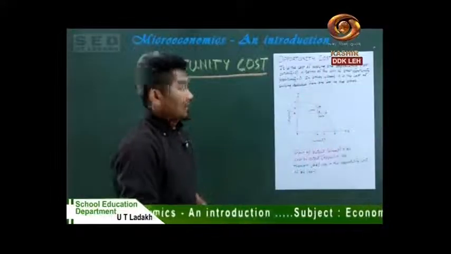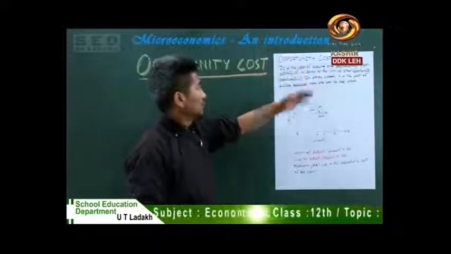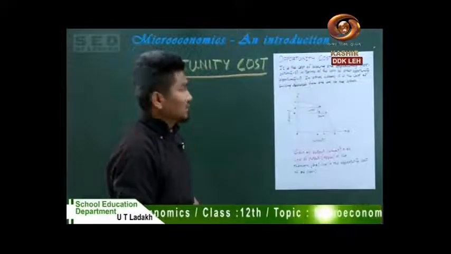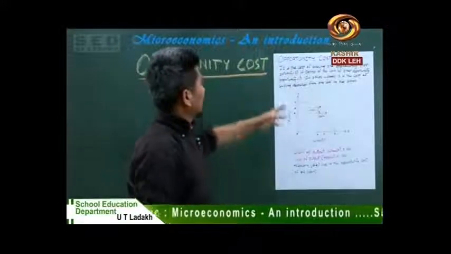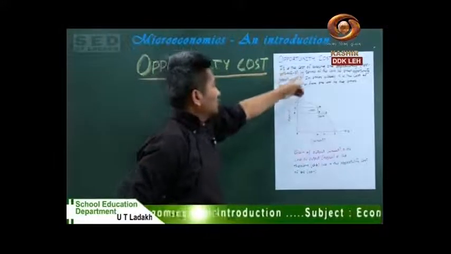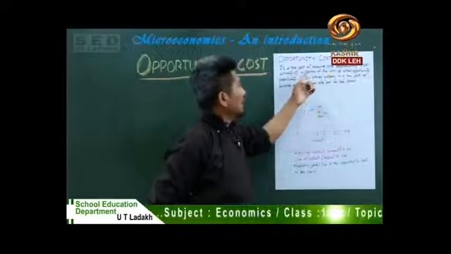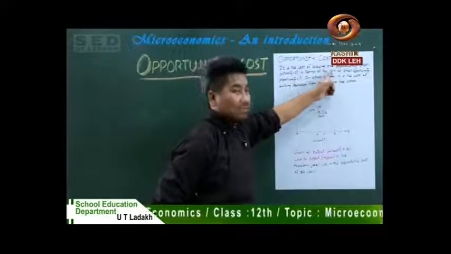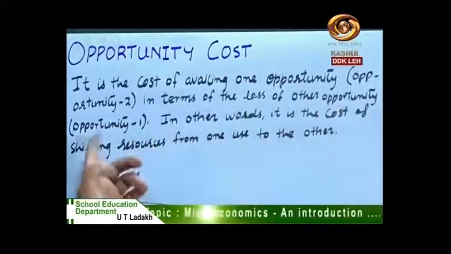Okay. Our next topic is opportunity cost. This is one of the very important concepts in economics, the opportunity cost. See, what is it? It is the cost of availing one opportunity, that is opportunity 2, in terms of the loss of the other opportunity, that is opportunity 1.